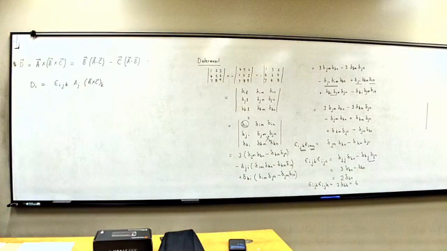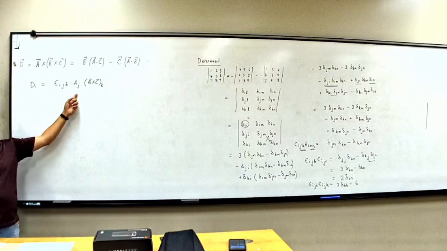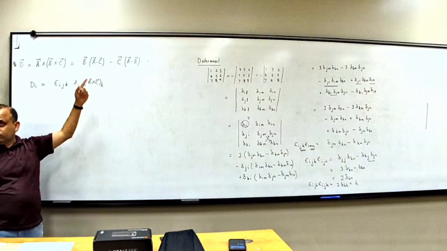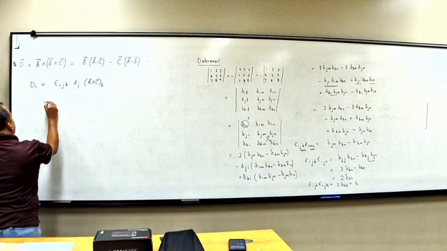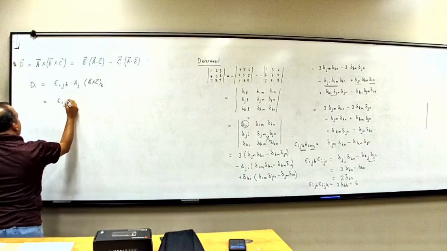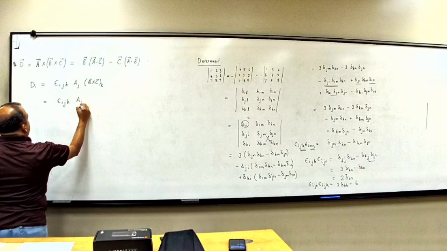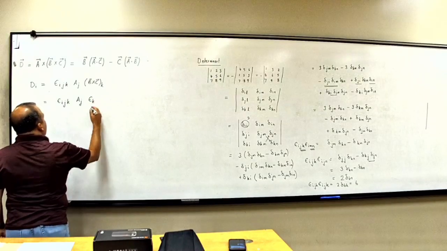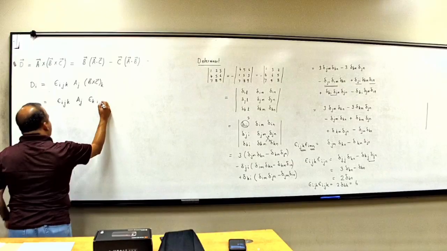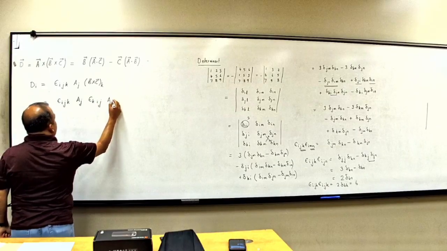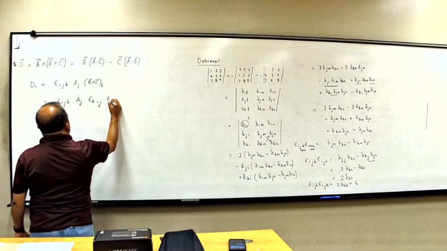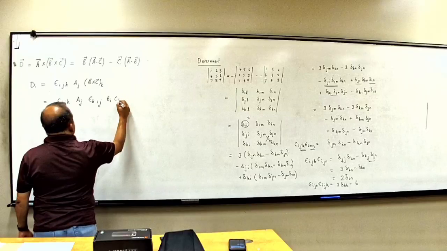Is that clear what I did? Because the Levi-Civita symbol is used for the cross product. So the first thing I can do is, there is a first cross product, I write that. But there is a second cross product. I again do that. So this is epsilon ijk aj, and this is the kth component. So I write it in this form.